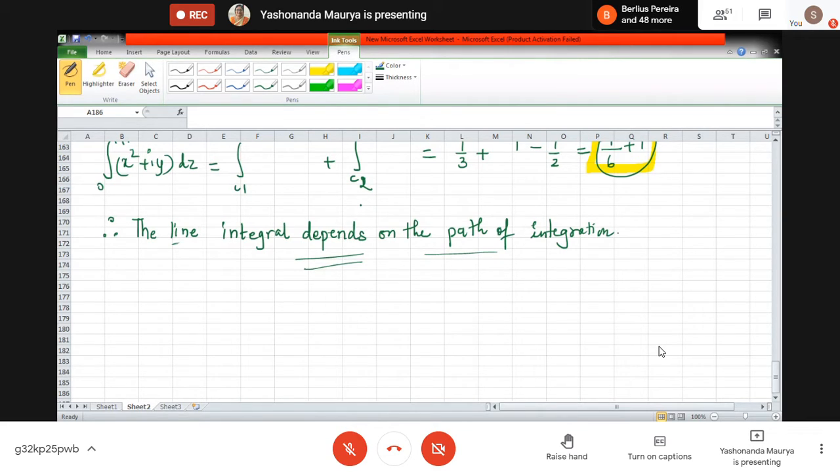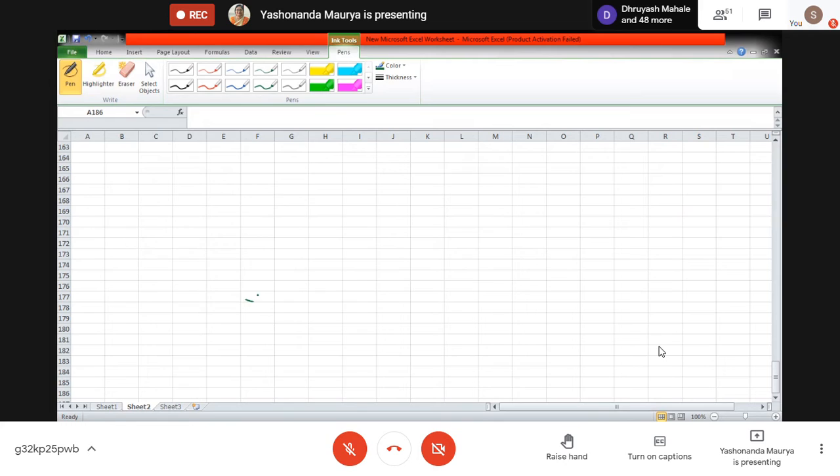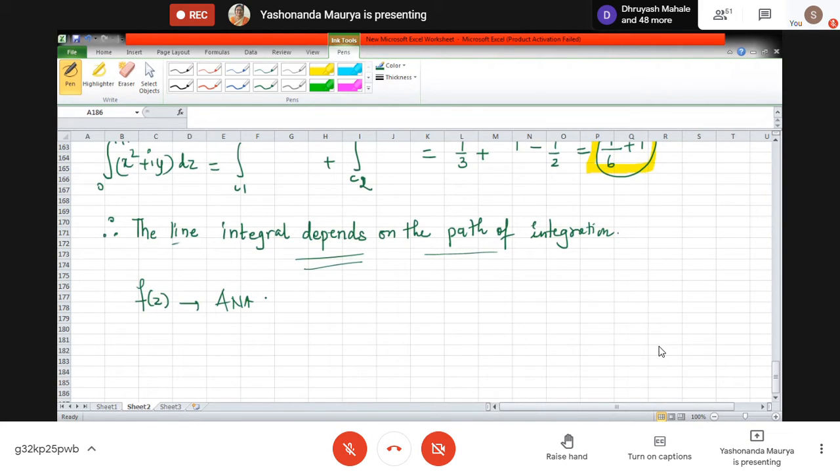And what is that condition? The condition is that if my function f of z is, you remember in the last semester we studied some special type of functions, analytic functions. If my function is an analytic function, then the line integral does not depend on the path that we choose.